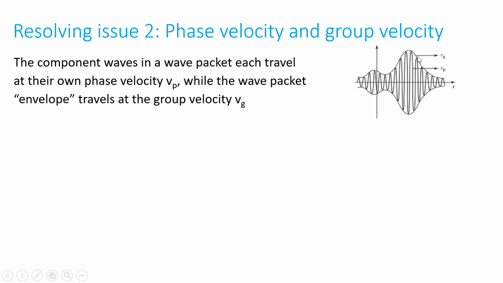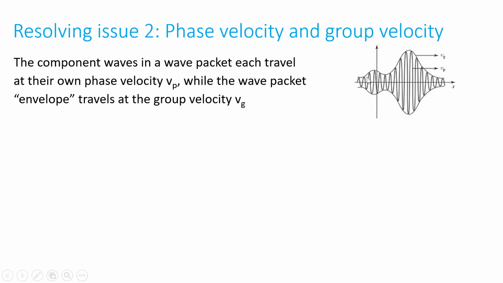So you can see that in this picture where the envelope here is moving with Vg, while one of these individual waves here is moving with Vp, the phase velocity. And depending on the type of wave, the group velocity can be less than, equal to, or greater than the average phase velocity of the waves making up the group.